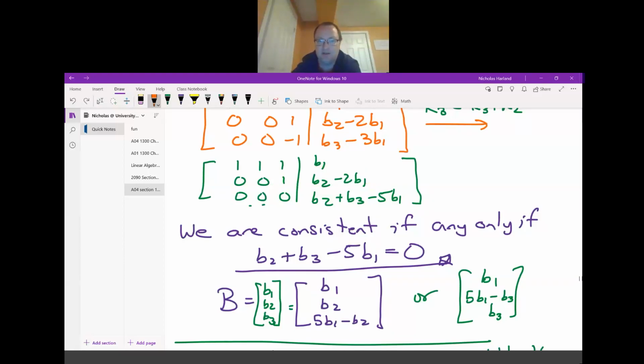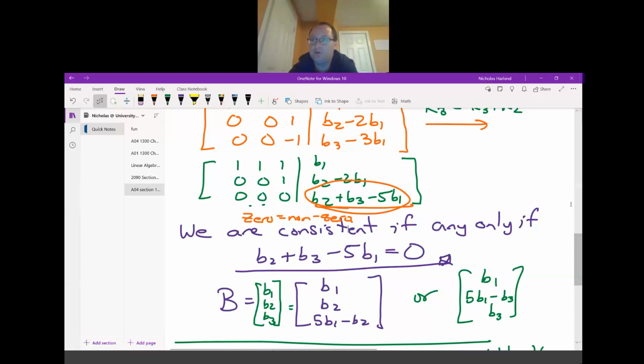The only reason we're caring about this is because if this was not zero, we would get 0 equals non-zero. And as we've seen since section 1.2, if we get 0 equals non-zero, it's inconsistent. And so that expression has to be 0 or else our system is inconsistent.